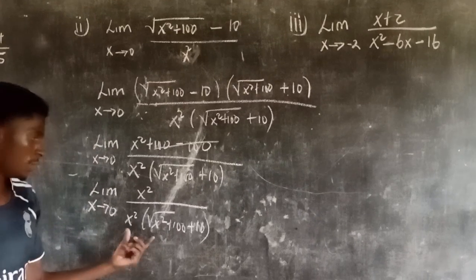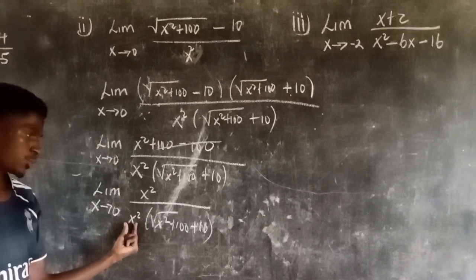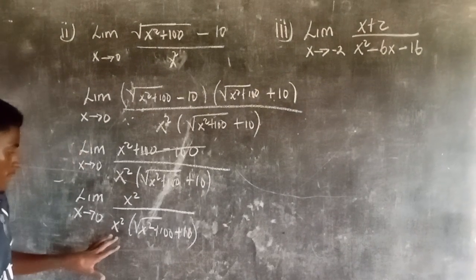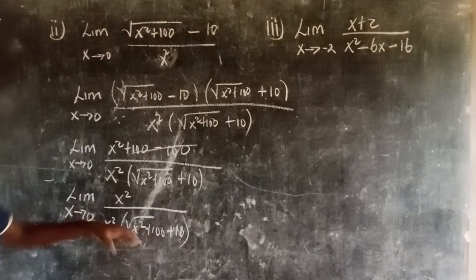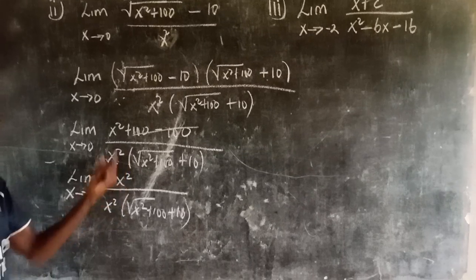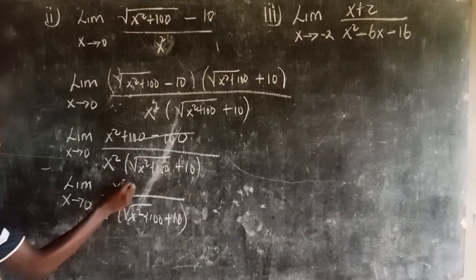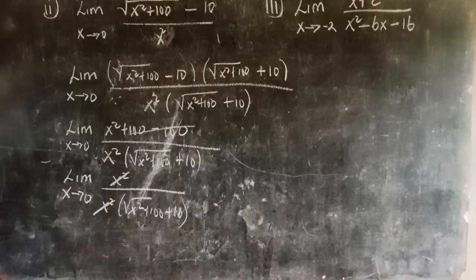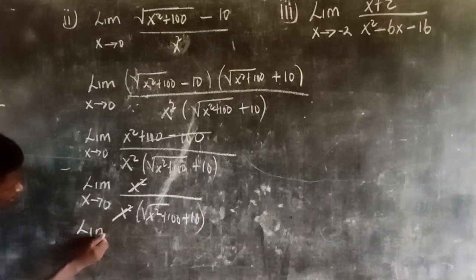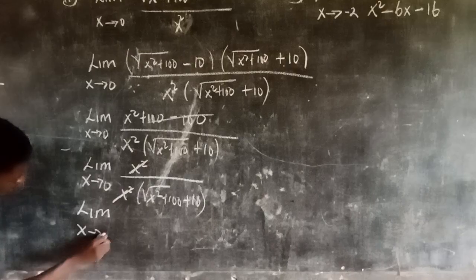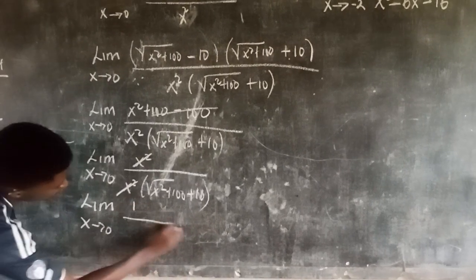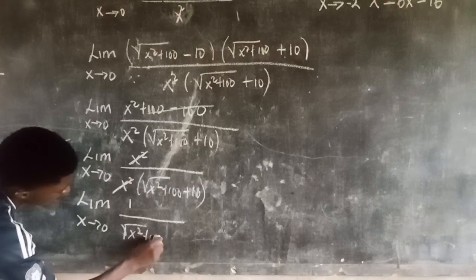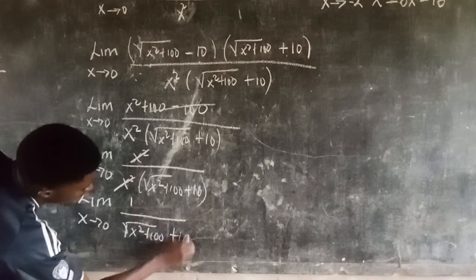On the denominator, this x squared is multiplying this other term, and on the numerator you have the same thing, which is x squared. So here you just have to cancel that x squared, meaning you remain with the limit as x approaches 0 of 1 over the root of x squared plus 100 plus 10.